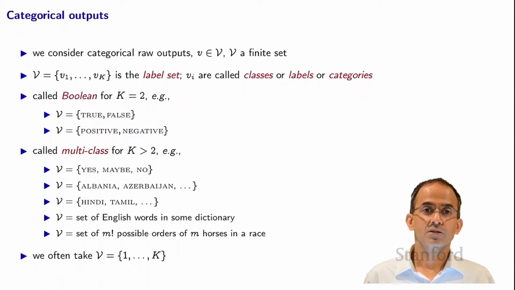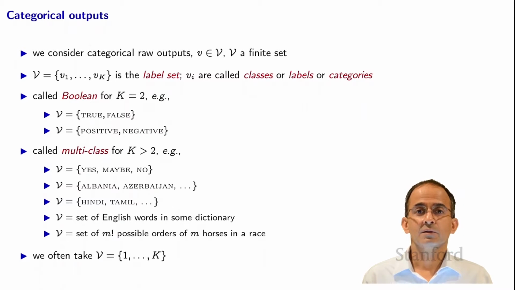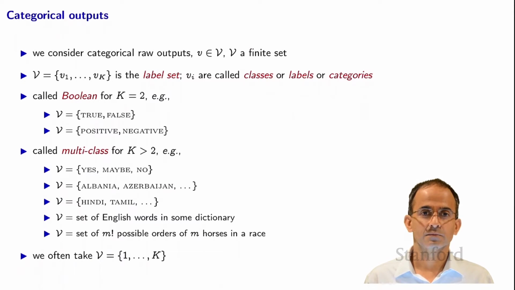And when K is 2, this is called Boolean classification, in which case we usually think about script V as being true or false, or positive or negative. It's called multi-class classification when capital K is greater than 2, when we have more than 2 classes. Then our script V might be yes, maybe, no.